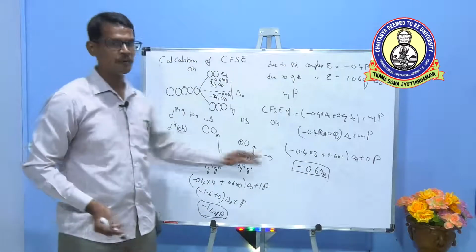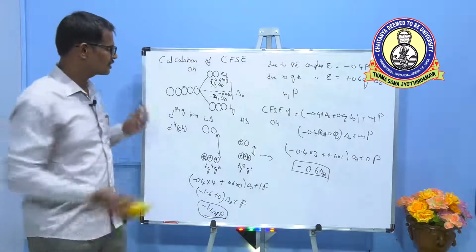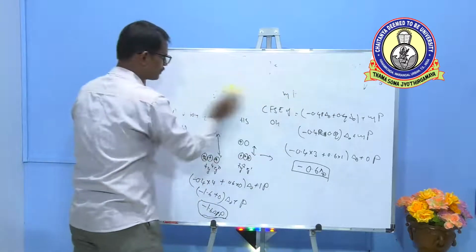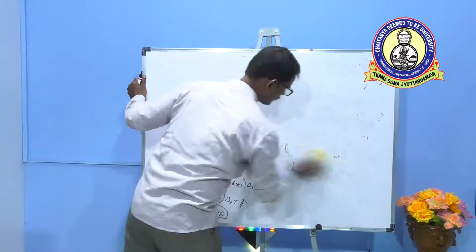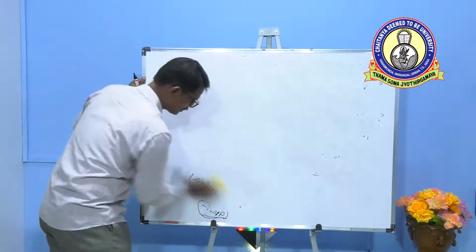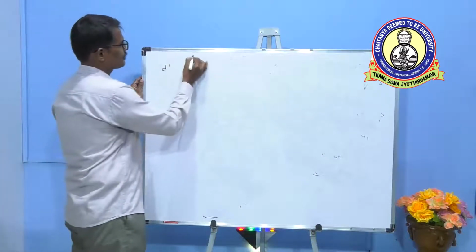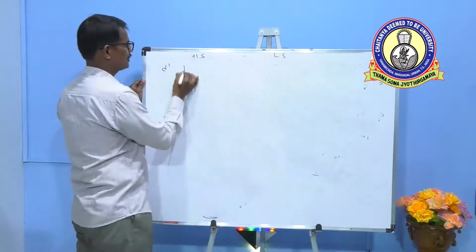Here I considered only the d4 octahedral complex. Now consider the total octahedral complexes from d1 to d10, and how the CFSE values are calculated, in a single table. Just imagine a single table: first the high spin complex, then the low spin complex.